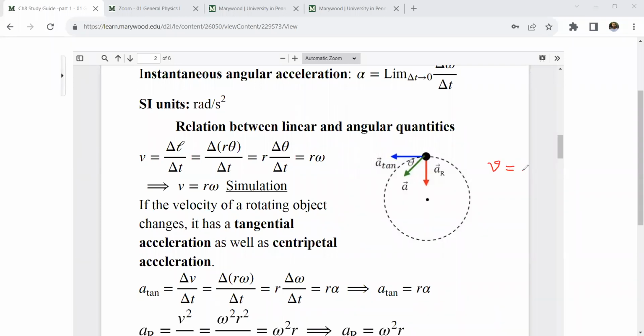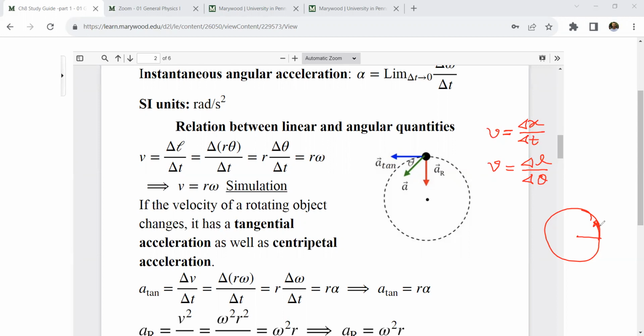Normally in chapter 2 we use delta x over delta t for v, but now our object is moving in a circular path, and the linear displacement here is L, as you saw in the last slide.